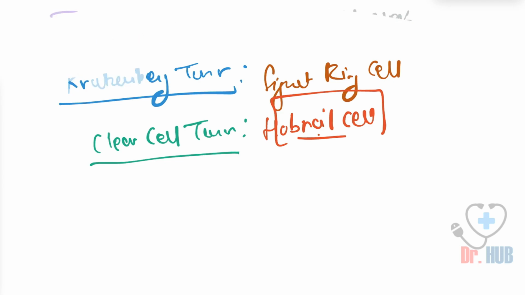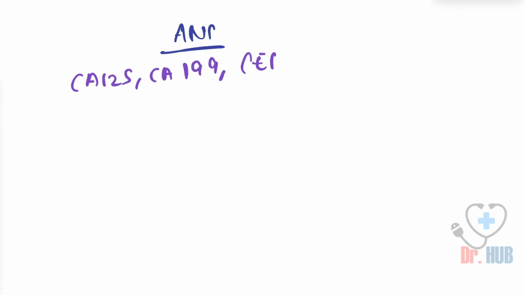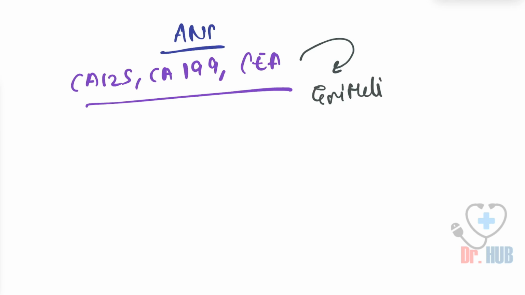Now we'll be moving to answering our questions. The first question we asked was about the tumor markers CA125, CA199, and the CEA. What are all these associated with? They are associated with the ovarian tumor, that is the epithelial ovarian tumor.